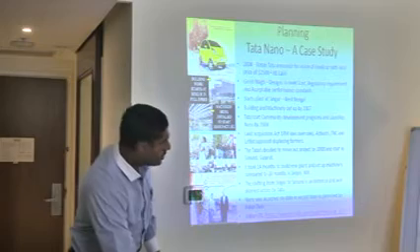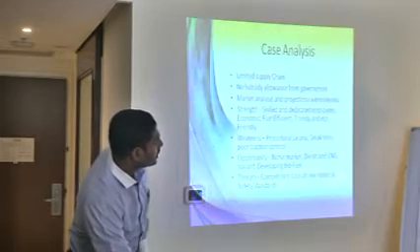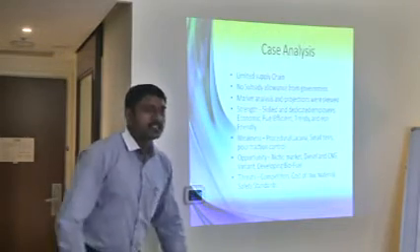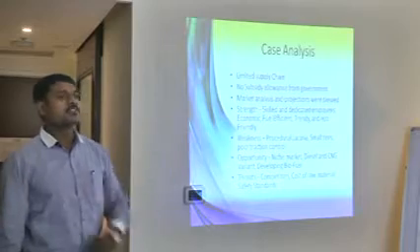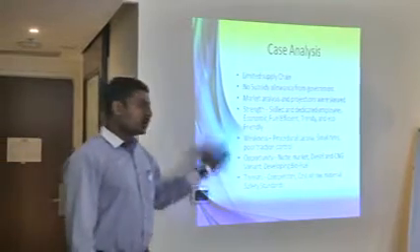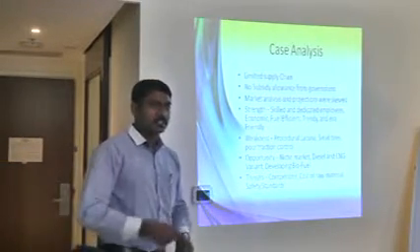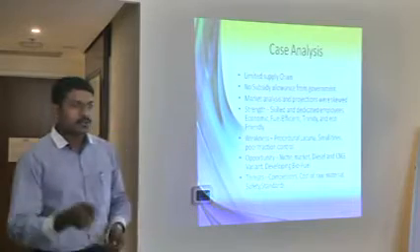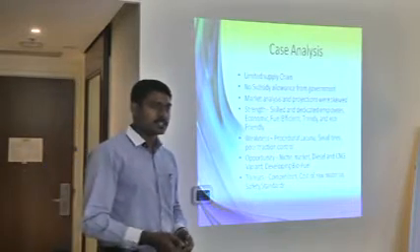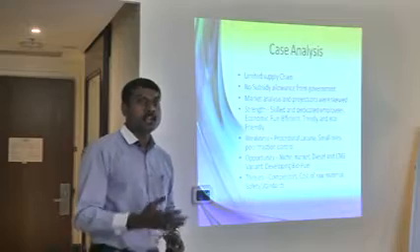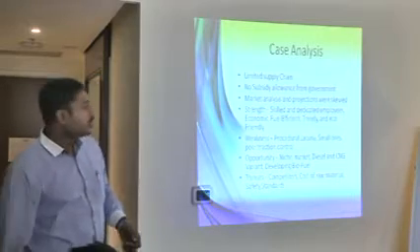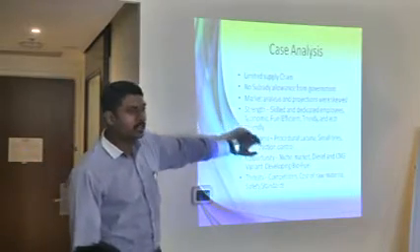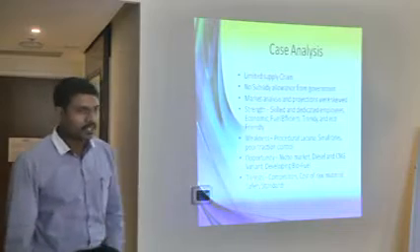This would be the interaction part, wherein students will get to know what the case is all about. There will be handouts given to different teams, and they will be given time to analyze the whole case study and come out with an analysis. This is just a brief sample analysis that I've done here.